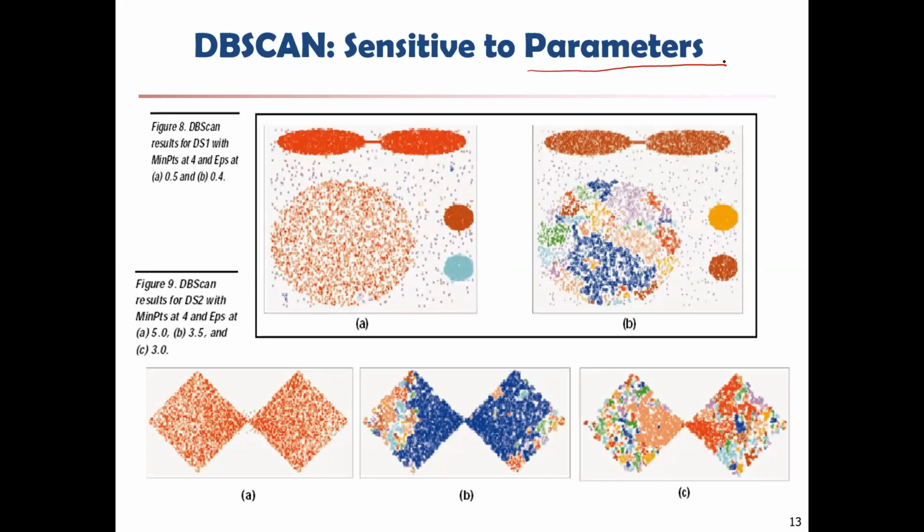Parameters are important, and if you play with the parameters, things are going to change. Because it will tell you how you are going to decide whether something is a core point, a border point, or noise. So that's going to be the core concept here because it is related to your core. Suppose in these examples, we fix the number of points to 4, but we just lower the epsilon value.